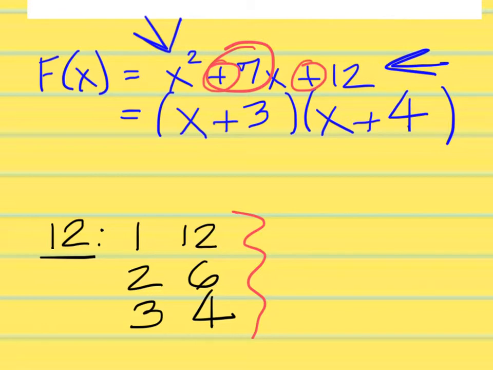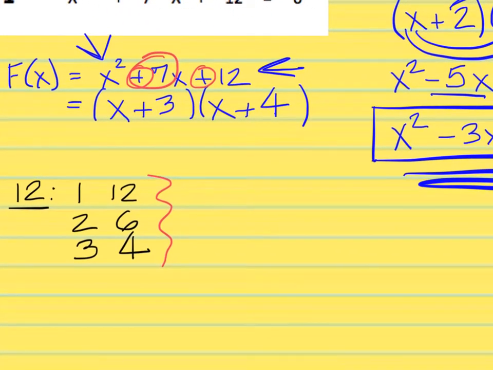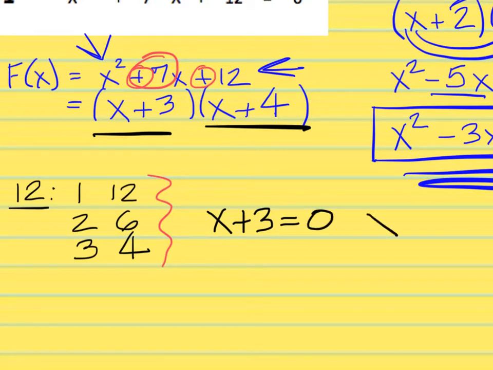But the way that you find the zeros of the function is to set each quantity equal to 0. x plus 3 equals 0 and x plus 4 equals 0.